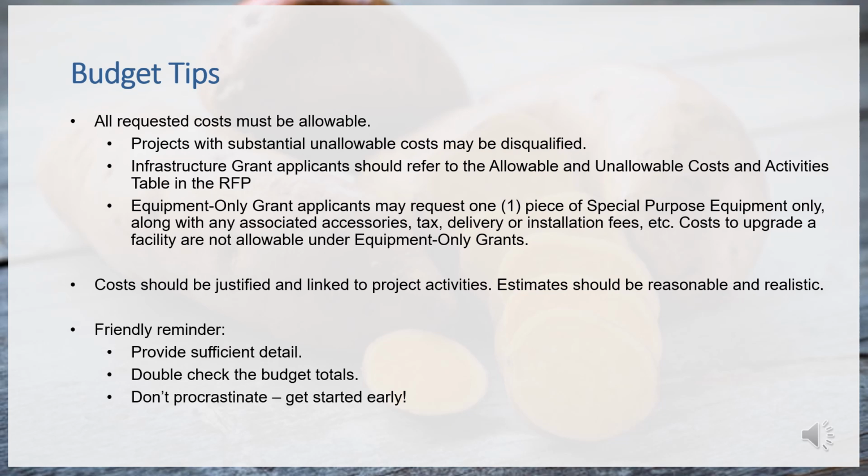Equipment-only grant applicants may request one piece of special purpose equipment only, along with any associated accessories, tax, delivery or installation fees, etc. Costs to upgrade a facility are not allowable under equipment-only grants.